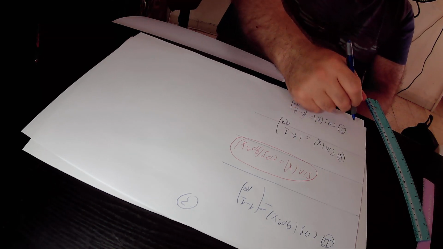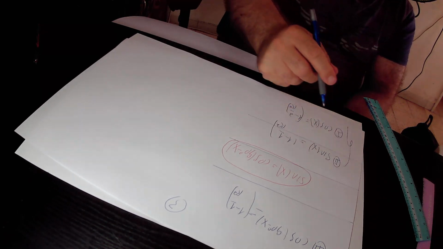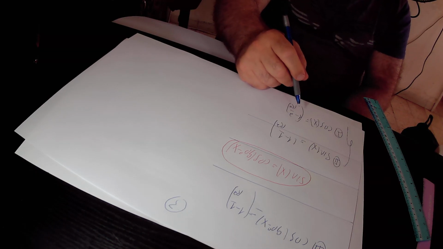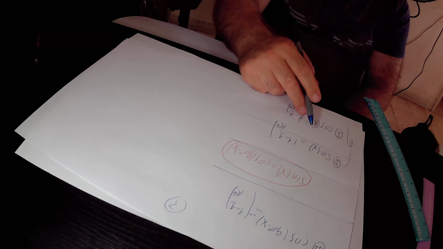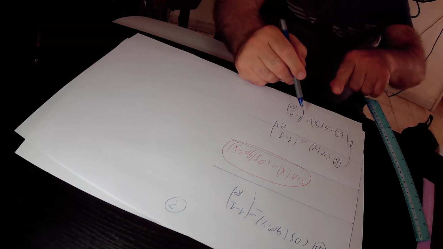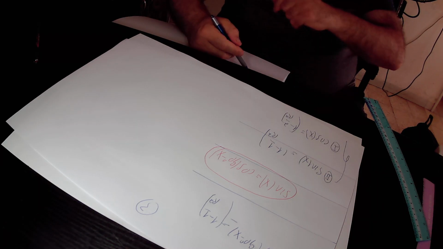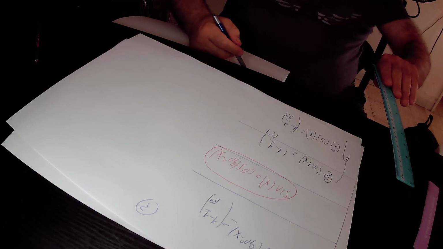In conclusion, we have the value of sine x in terms of r, and we also have here in equation 1 the value of cosine x in terms of r.